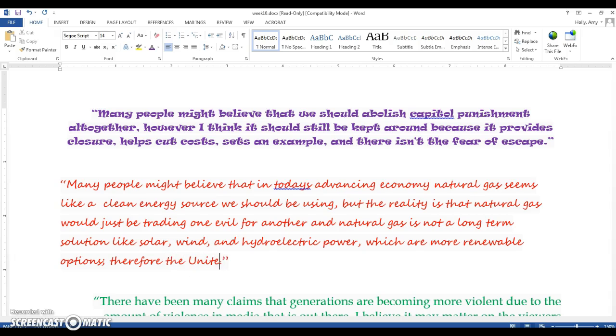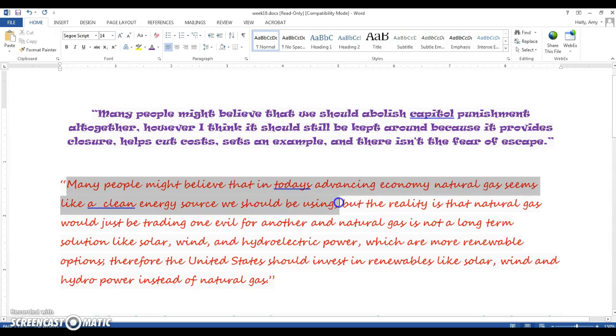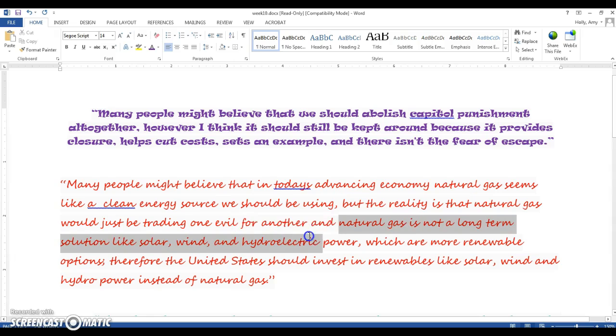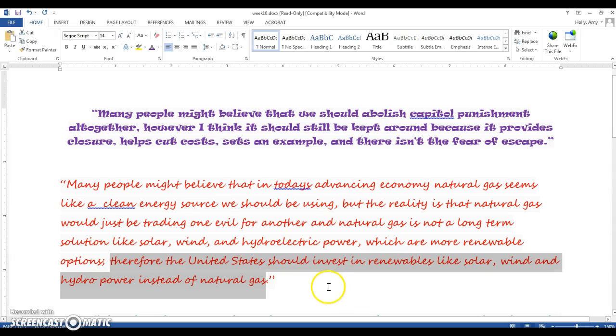Therefore, the United States should invest in renewable, like solar, wind, and hydro, instead of natural gas. And this would be a truly comprehensive thesis with the counterargument here, the subpoints here and here and here as to why natural gas is bad and renewables are good, and then the proposal itself to wrap everything up at the end.